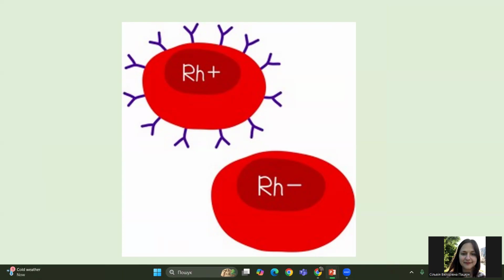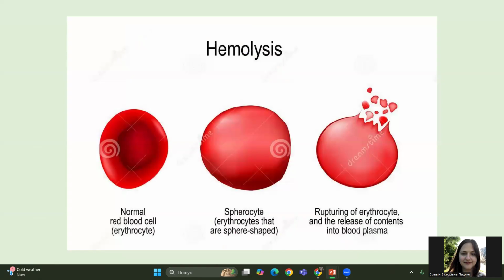And if Rh positive blood is transfused to an Rh negative person, it will lead to the formation of antibodies against this Rh antigen. So hemolysis of erythrocytes is rupture of the erythrocyte and release of its content into blood plasma.